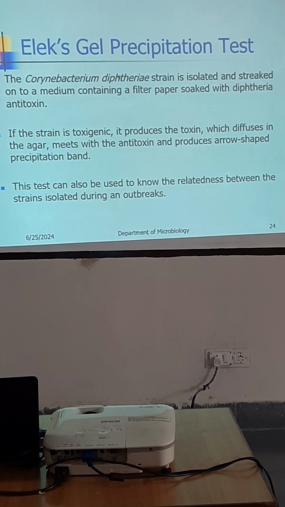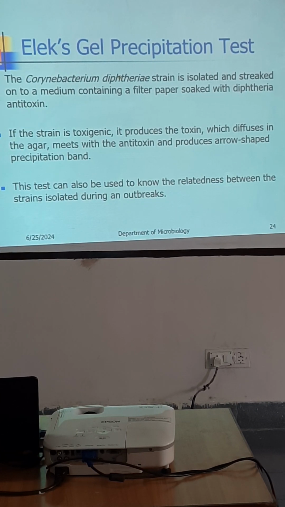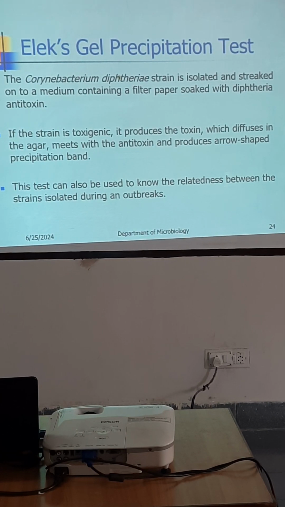Okay. The next example is Elek's gel precipitation. This is done for isolated strains of Corynebacterium diphtheriae, which are streaked on a medium containing a filter paper soaked with diphtheria antitoxin. If the strains are toxigenic, they produce toxin, which diffuses in the medium, and the medium already contains antitoxin antibodies.